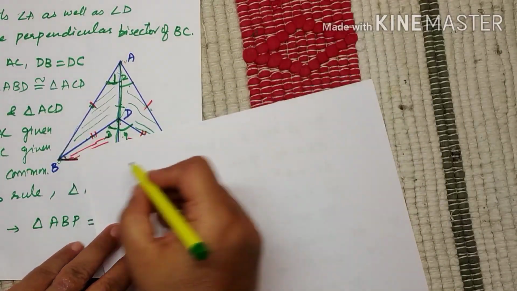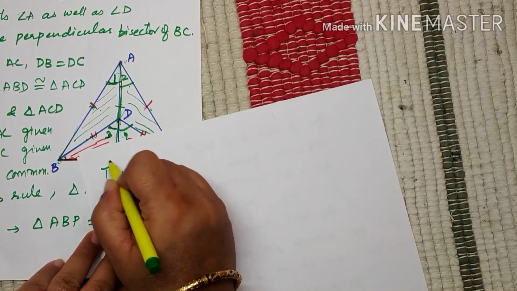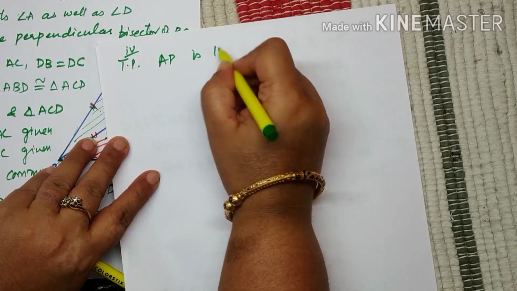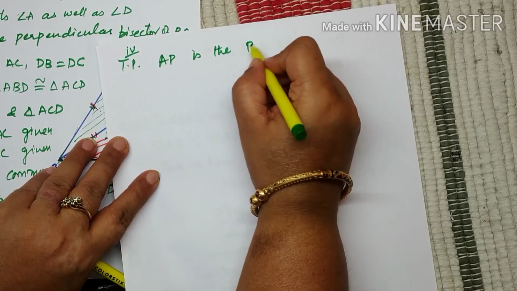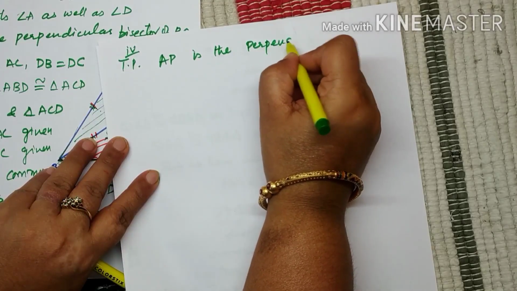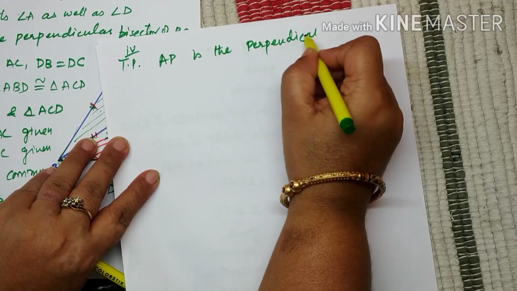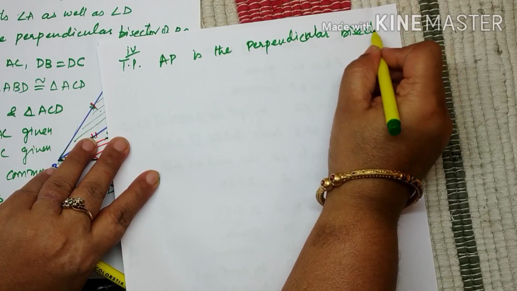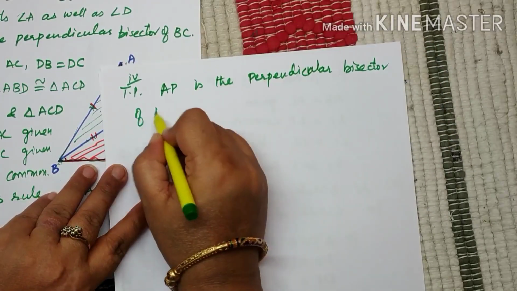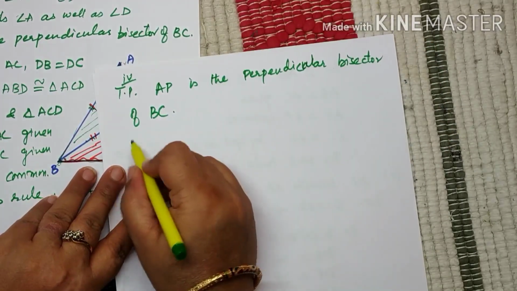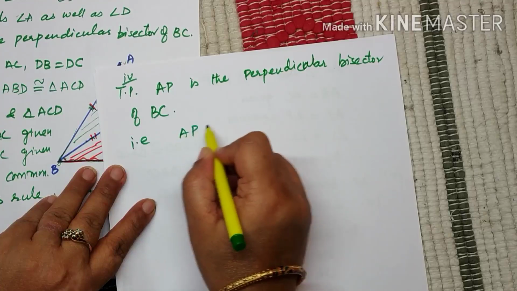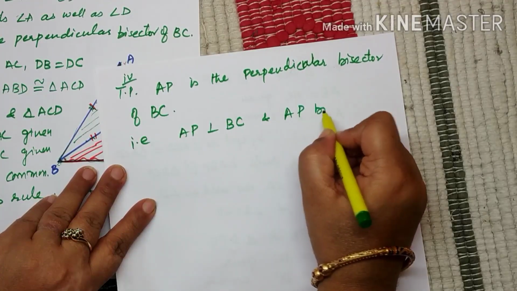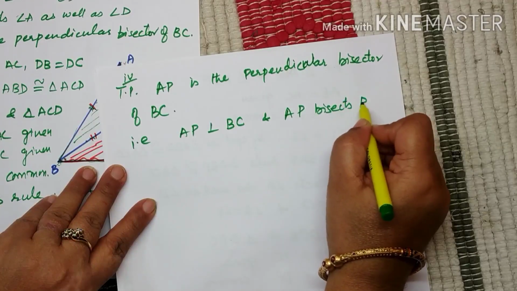Now I need to prove AP is the perpendicular bisector of BC. That is, AP is perpendicular to BC and AP bisects BC.